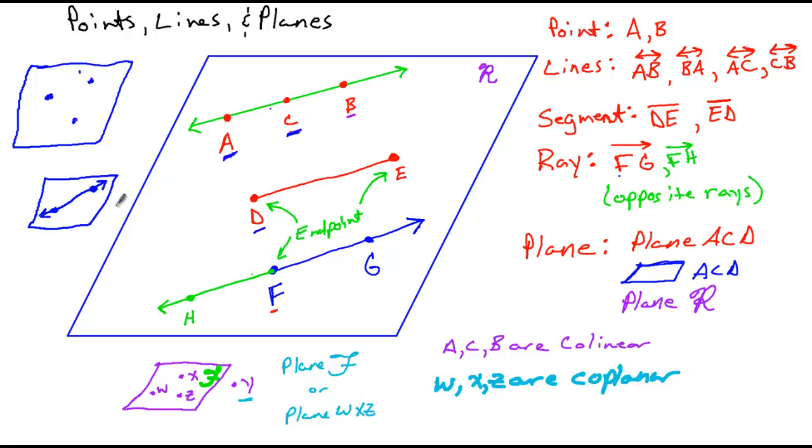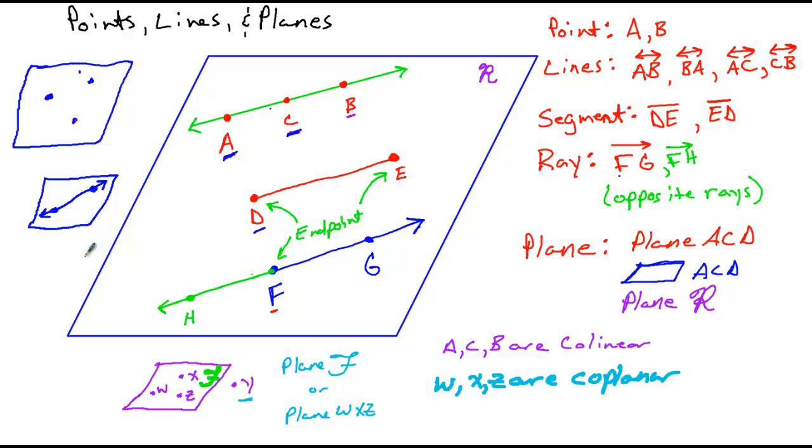Now that may seem like a Captain Obvious statement to you, but it matters. So you need to make sure that you know it. If there are 2 points contained in a plane, then the line that passes through those points is also contained in that plane. Make sure you know it. All right, we've got 2 more to go.